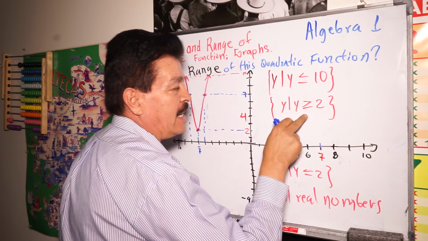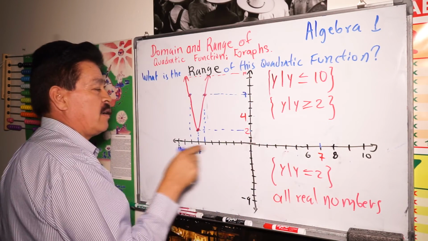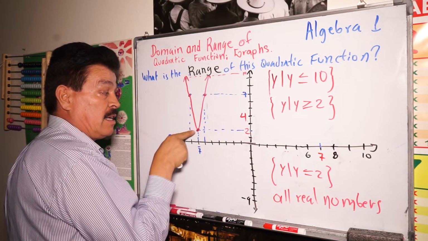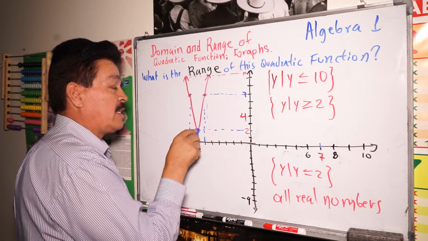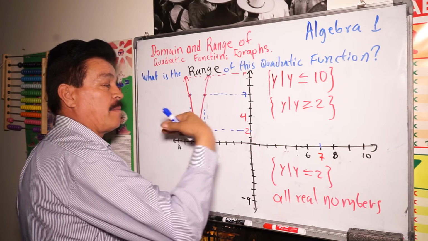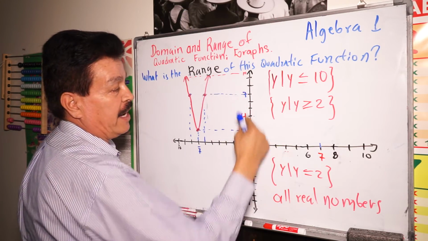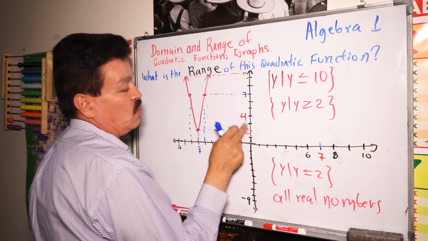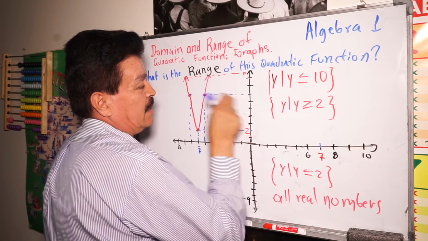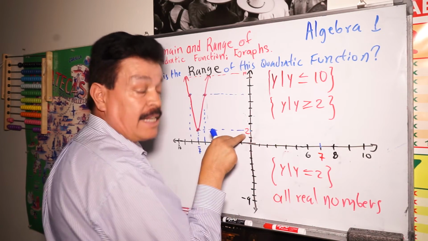Number two, y is greater than or equal to 2. See? Look at this point. It's equal or greater, so up from 2. This is 2 right here. Greater than 2.